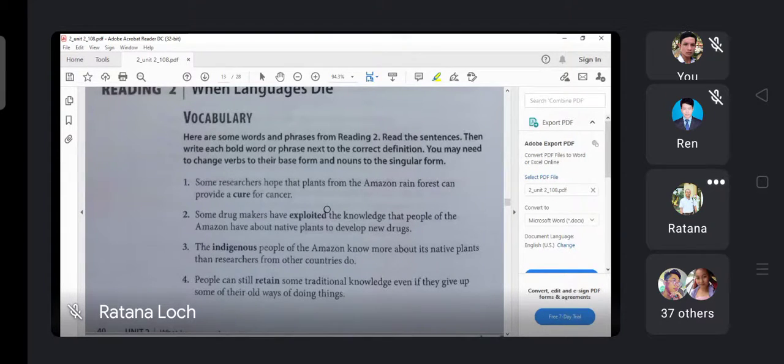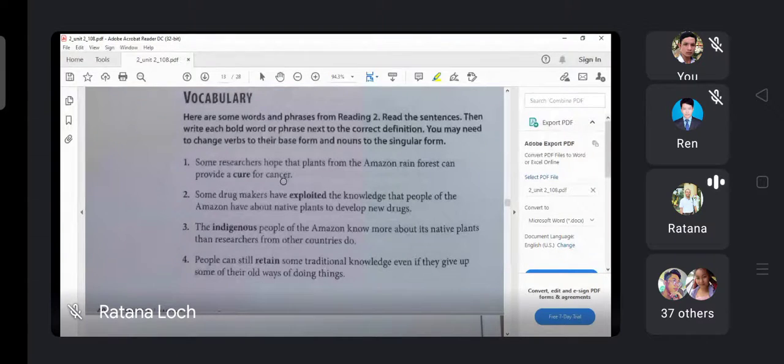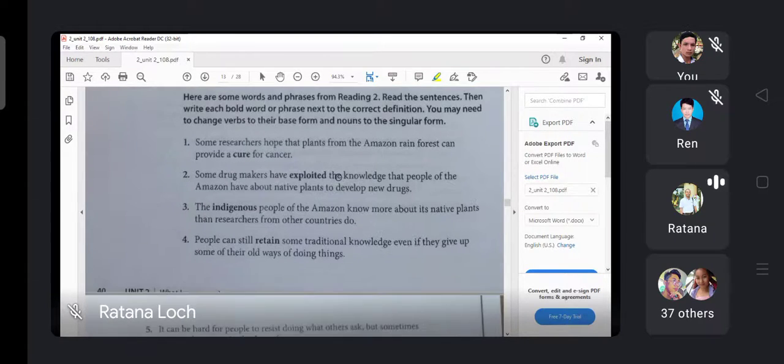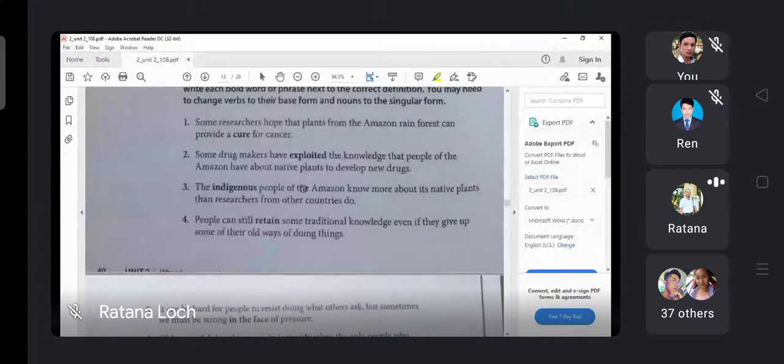Okay, so I think that you know the meaning, right? Some researchers hope that plants from the Amazon rainforest can provide a cure for cancer. You know the word cure, right? What does it mean? Anyone can tell in the comments?